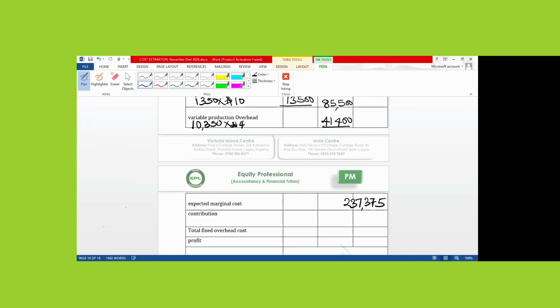Next is your contribution. If we produce and sell at 115% level, what is the expected contribution? That means I need to get my sales value.